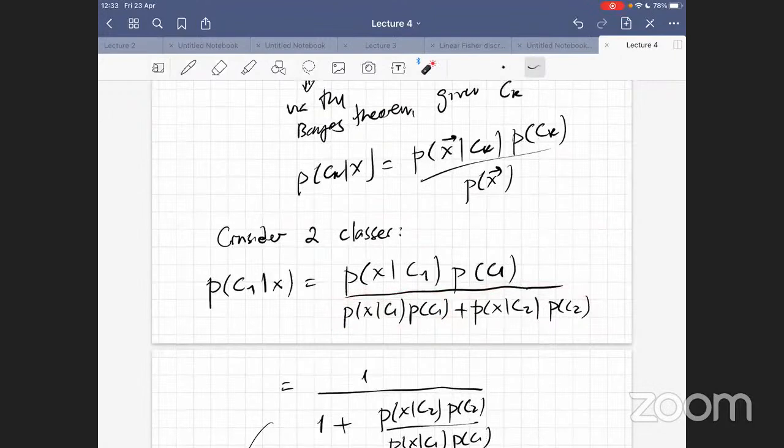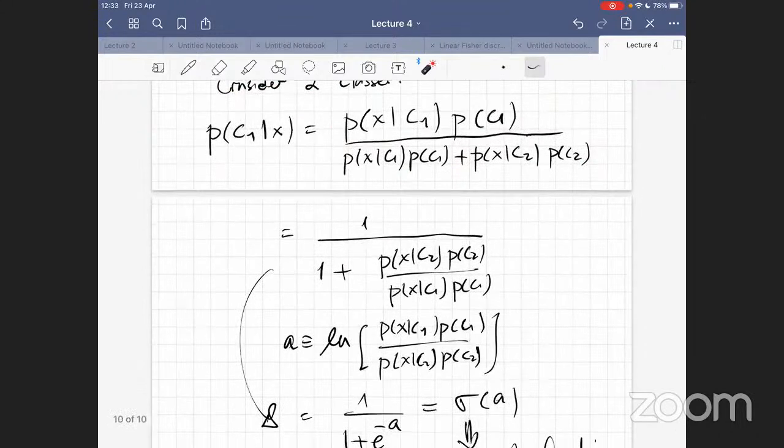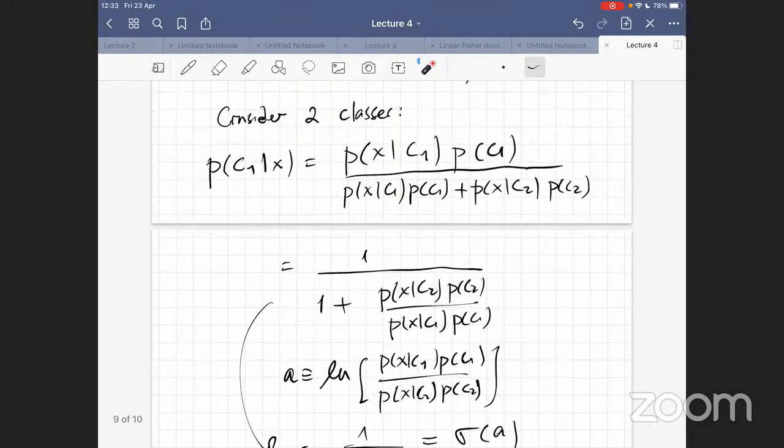Remember, this is a normalization of the numerator, or marginalization over the classes. So I am just rewriting this in this way, dividing the numerator and denominator by the same thing.